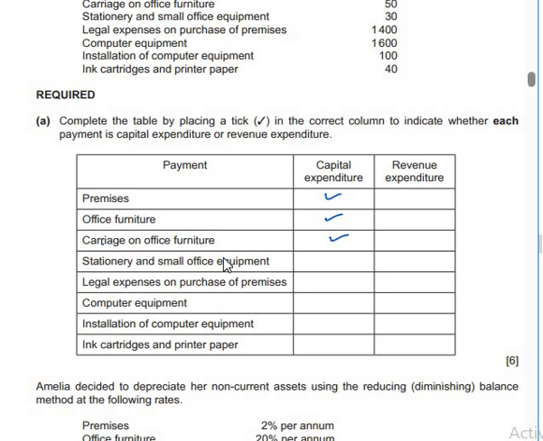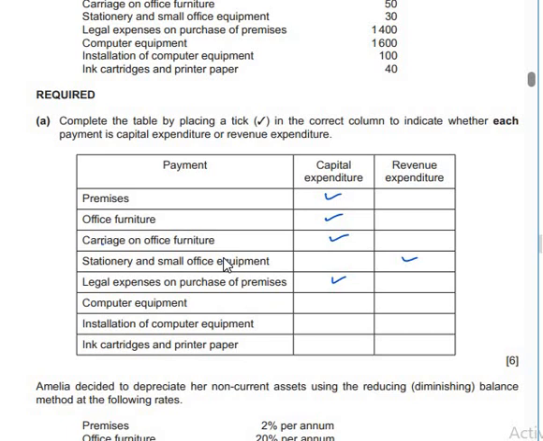Stationery of small office equipment, obviously this is a revenue expenditure because it's just a day-to-day expense. And legal expenses on purchasing premises. So you purchase premises and you spend money on legal expenses, so it is a capital expenditure, right?